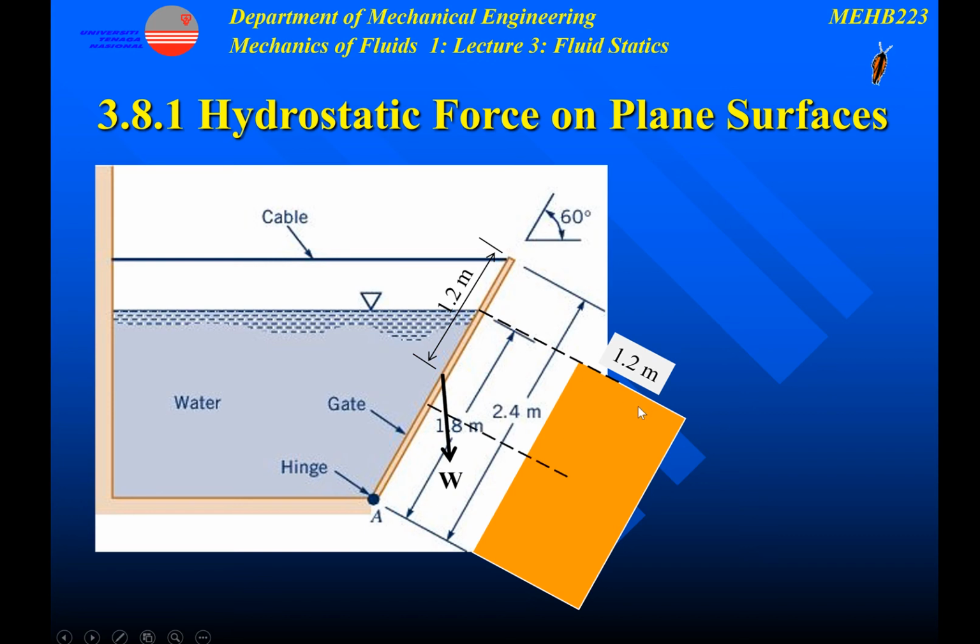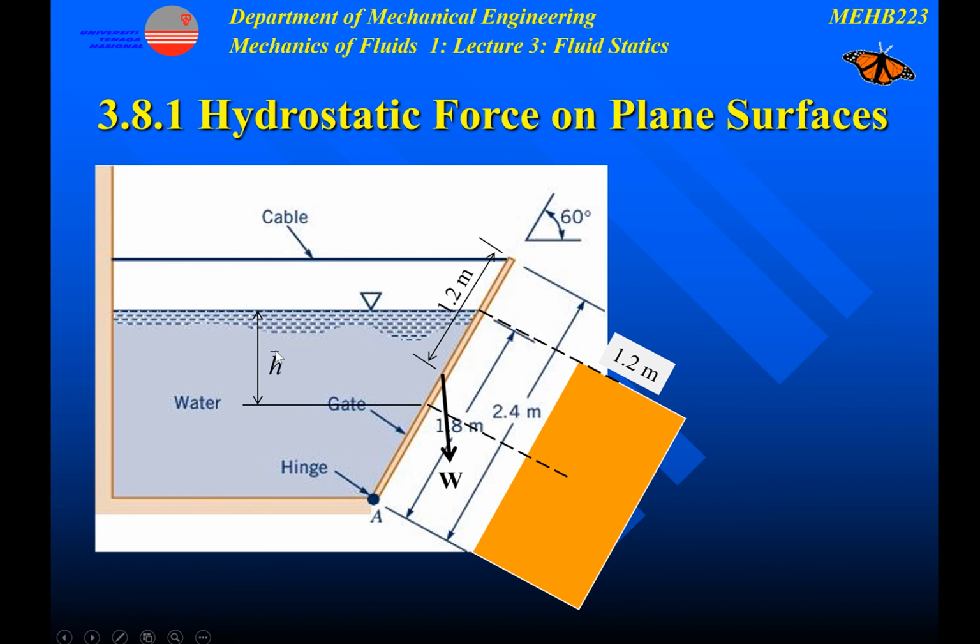When you calculate the hydrostatic force, you must consider only the length that is covered by water. So we have another centroid for this plane. This is the centroid for the whole length, and this is another centroid, only for the length that is covered by water, which is half of 1.8.